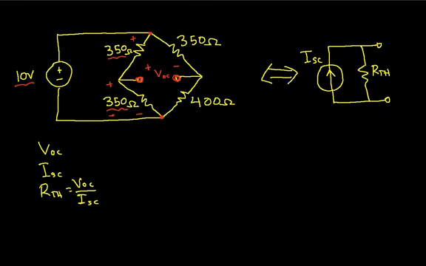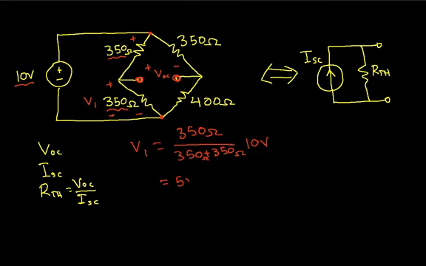In fact, when I do that, let's call this V1. We have V1 is going to be 350 ohms over 350 plus 350 ohms times 10 volts, which works out to be 5 volts. The same thing goes for this other branch. Between here and here, the 350 ohm resistor and the 400 ohm resistor are in series.